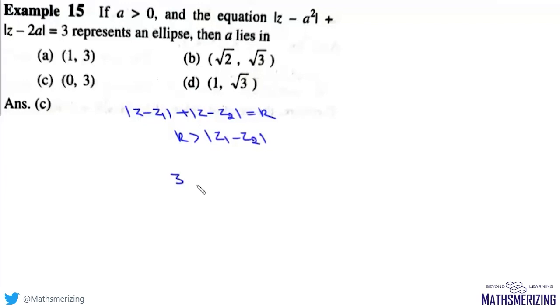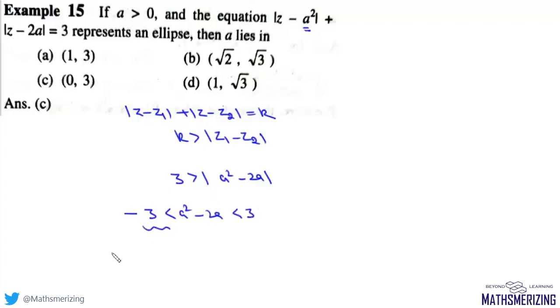So the condition that we'll have is 3 must be greater than mod of Z1 minus Z2. Now Z1 is A square and Z2 is 2A. So we'll get A square minus 2A. Now when mod X is less than A, then X will lie between minus A and plus A. So from here we can write A square minus 2A will be greater than minus 3 but less than 3.